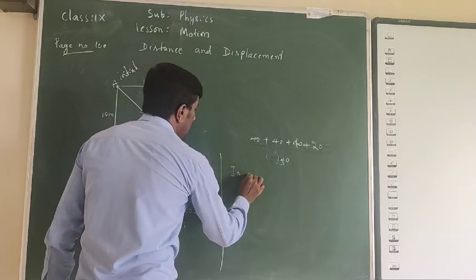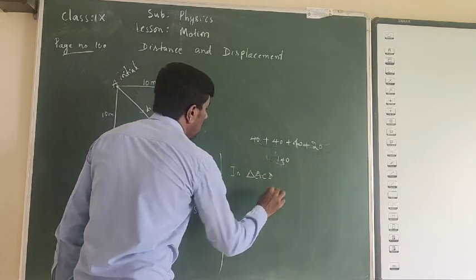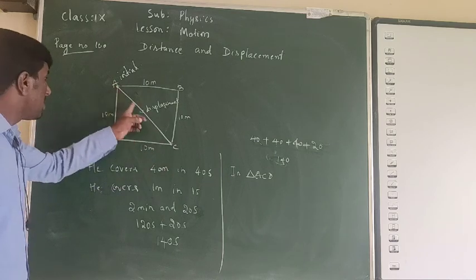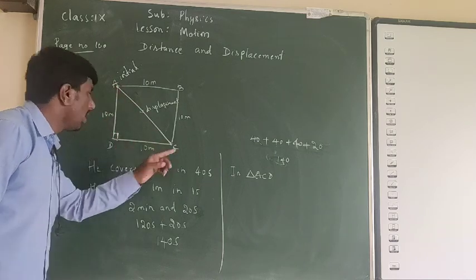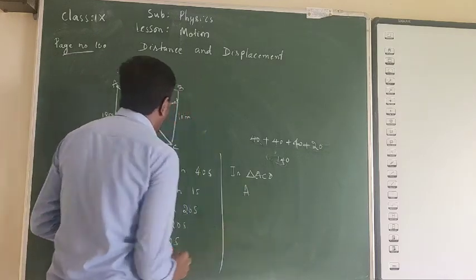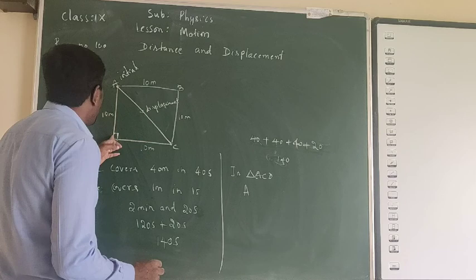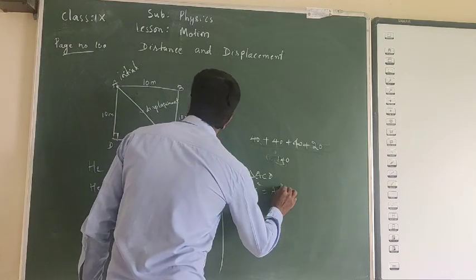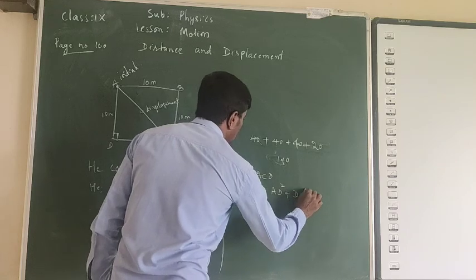So in right angle triangle ACB, we know by Pythagoras theorem that the square of one side is equal to the sum of the squares of the other 2 sides. AC square is equal to AD square plus DC square.